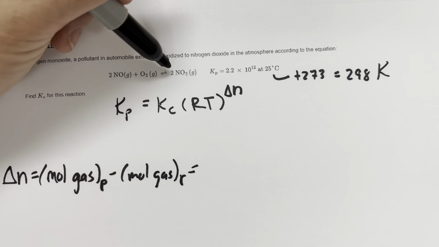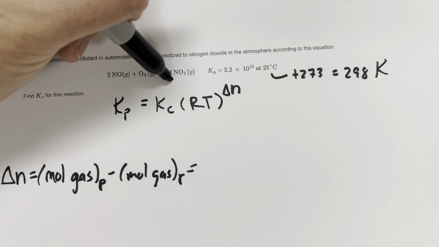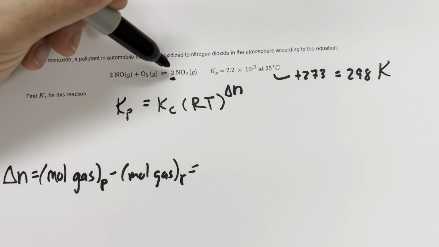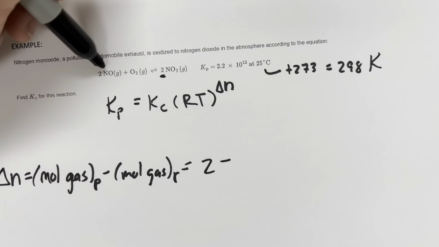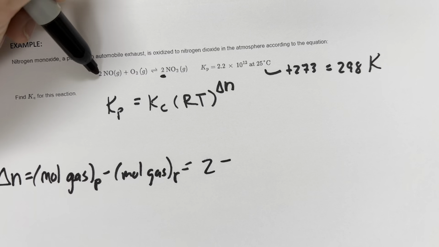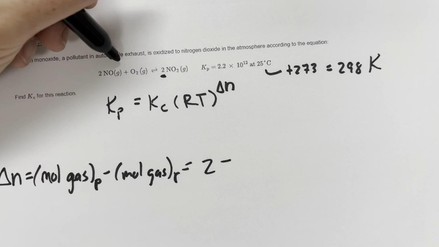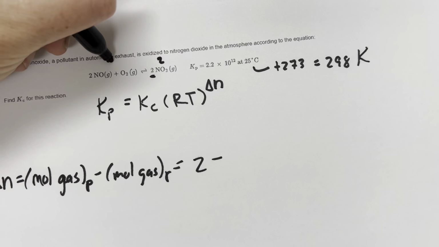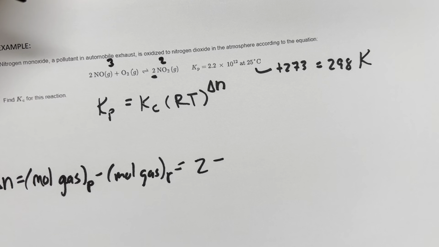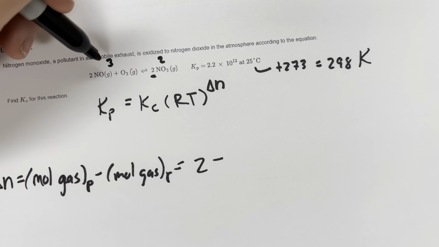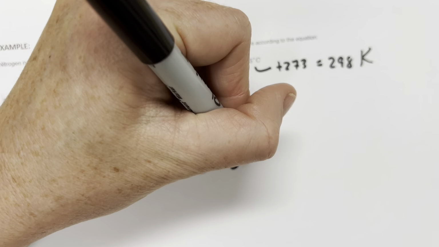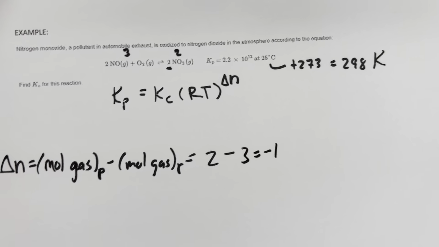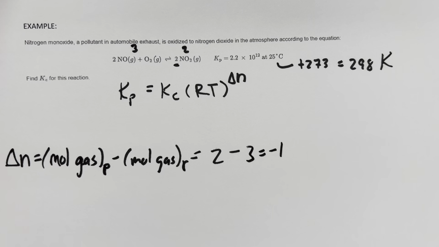The total number of moles of gas on the product side is 2, because this is a gas and there's a coefficient of 2. Minus, these are both gases, there's a coefficient of 2 and there's a coefficient of 1. 2 plus 1 is 3. So there's 2 moles of gas on the product side and 3 moles of gas on the reactant side. So delta n equals 2 minus 3, in other words, negative 1.